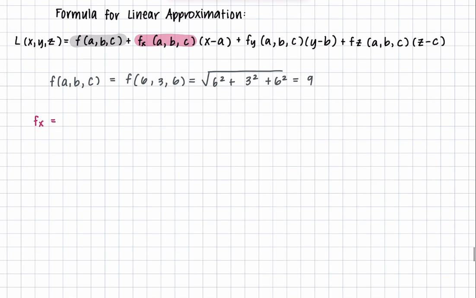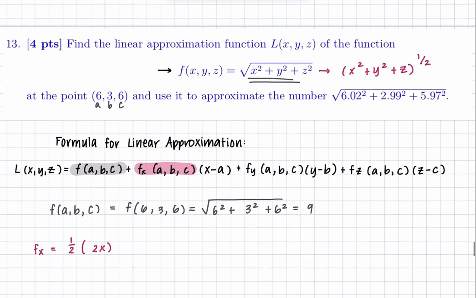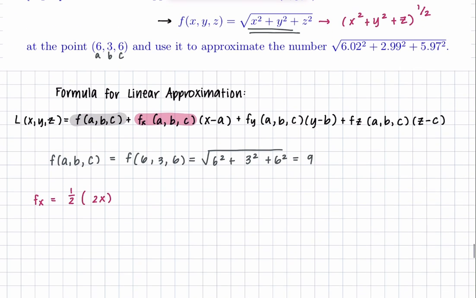So we're going to have 1/2 times 2x, because that's the derivative, times x squared plus y squared plus z squared to the power of minus 1/2.